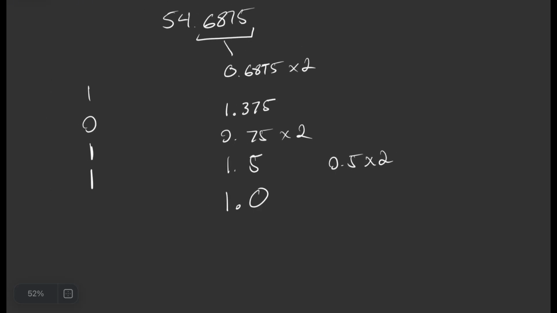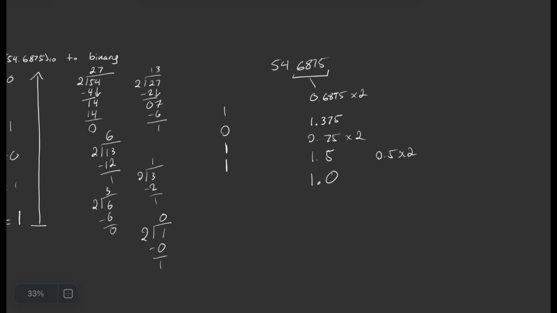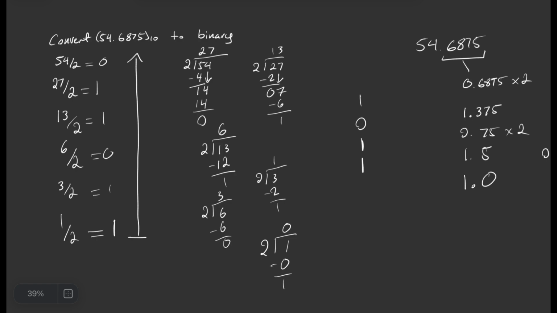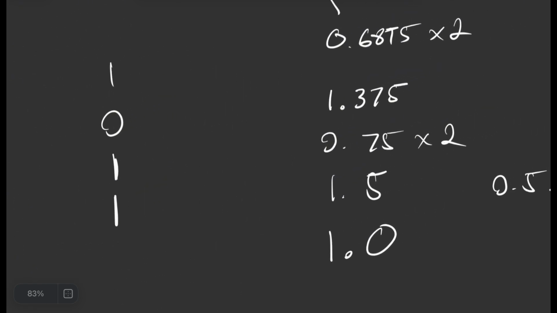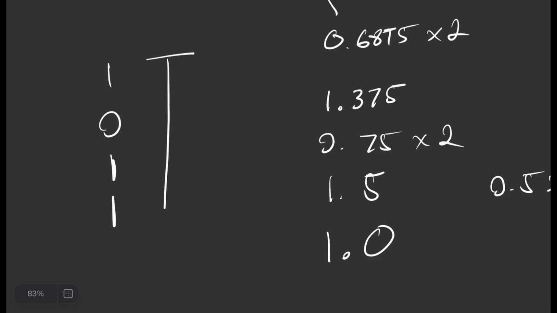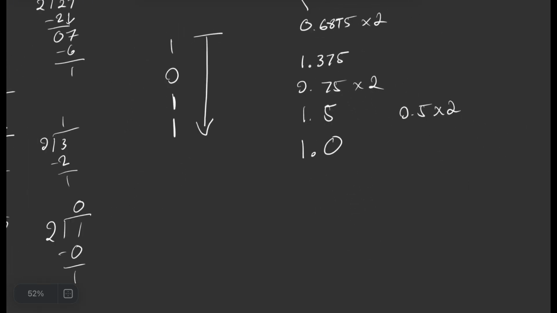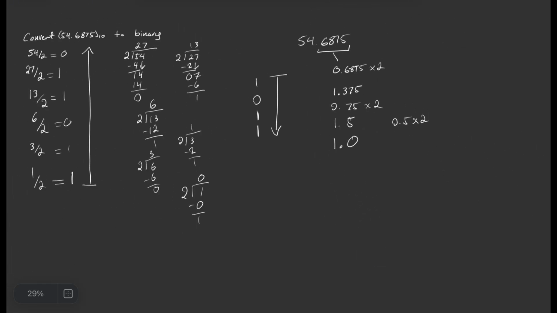So with the whole number, we read it from bottom to top. For this decimal portion, we are going to read it from top to bottom. So with this information, our final number is 110110.1011 in binary.